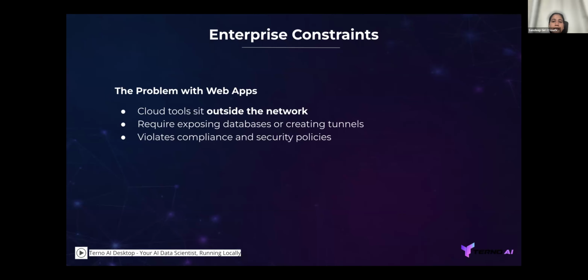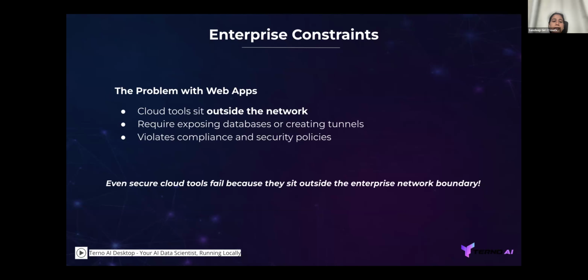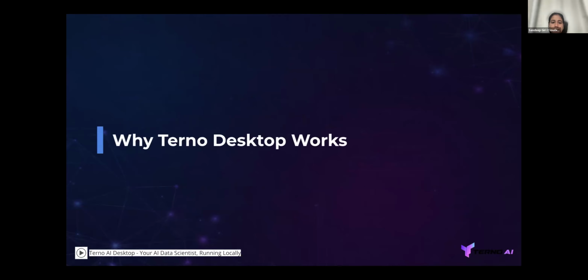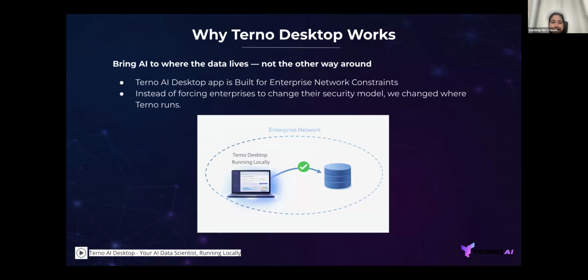So the web apps usually sit on remote servers, and the cloud tools sit outside the network, and this requires exposing the databases or creating tunnels. This violates the compliance and security policies. So even the most secure cloud tools will fail for this reason, because they sit outside the enterprise network boundary. And that is exactly the reason we have come up with Turno Desktop.